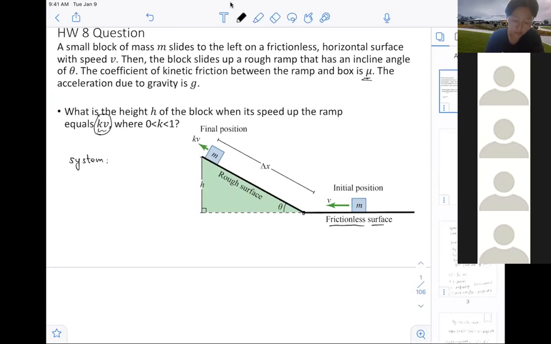Since it's asking about the block, it makes sense to include the block, of course, and it does have a change in height. If we include the Earth, we can talk about the potential energy rather than doing the work done by gravity. That's oftentimes simpler. What about the rest of you? Are you happy with this choice of our system?